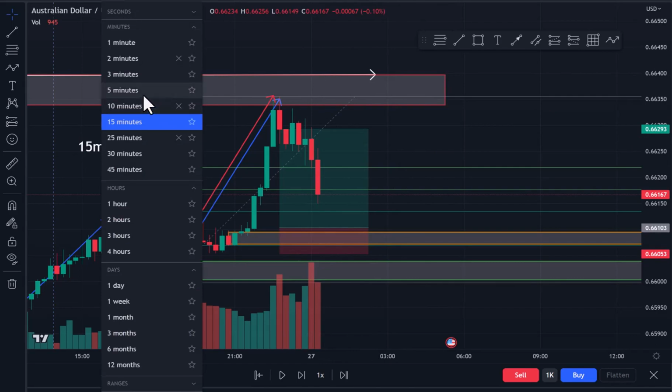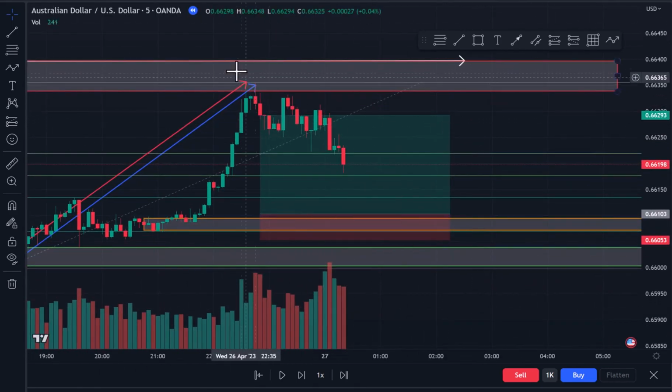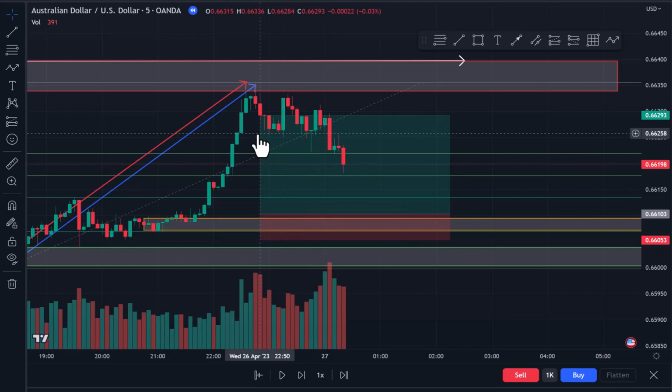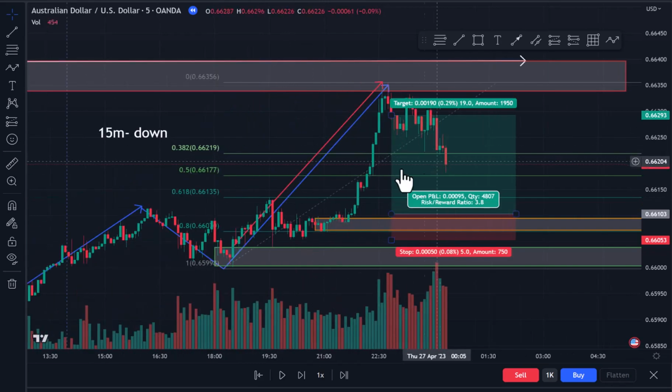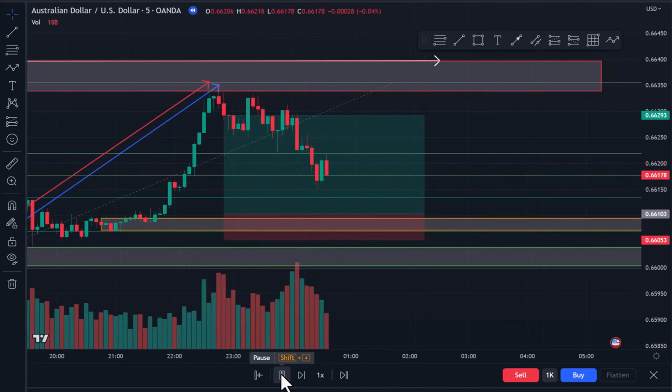But we'll check everything out on the 5-minute, even though our setup's on the 15. Because we're expecting downward movement, technically this is a bit counter trend, but because of all this imbalance here, we might as well use the opportunity. So price is pulling back.